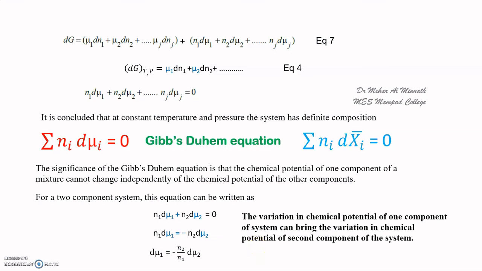Similarly, if it is entropy, the variation of entropy of one component will change the entropy of the rest of the components in the system. So that's the significance of the Gibbs-Duhem equation. This is what we can conclude from the Gibbs-Duhem equation.